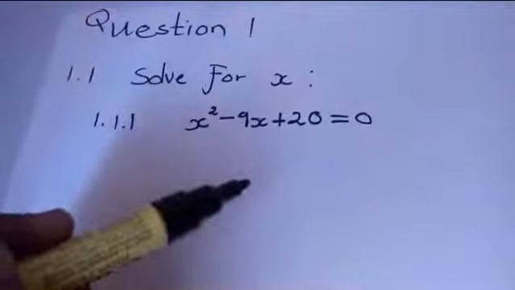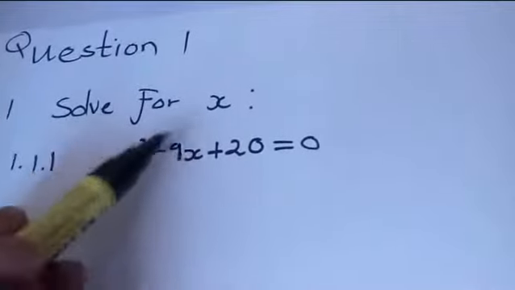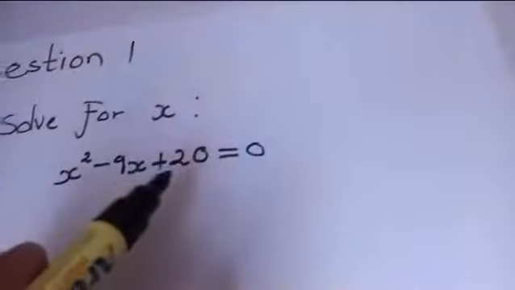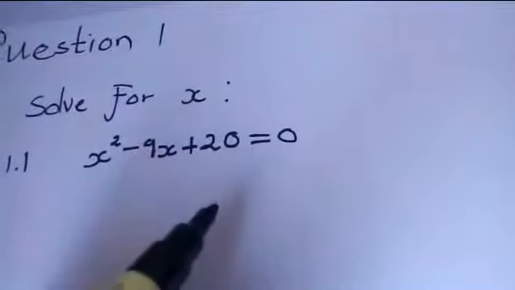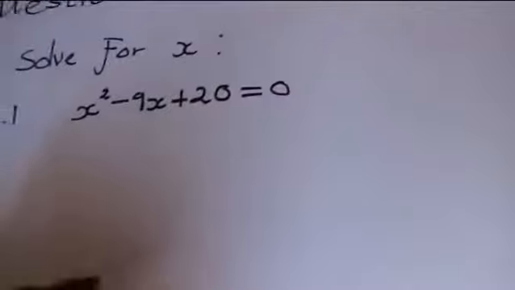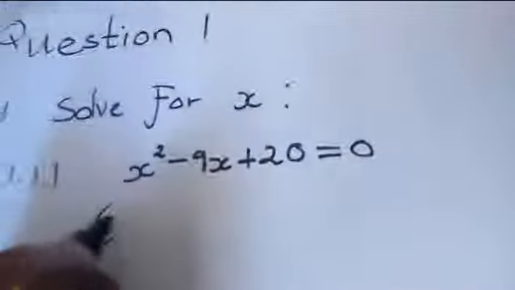If you think about it, those two numbers are -4 and -5. So our solution will look like this.